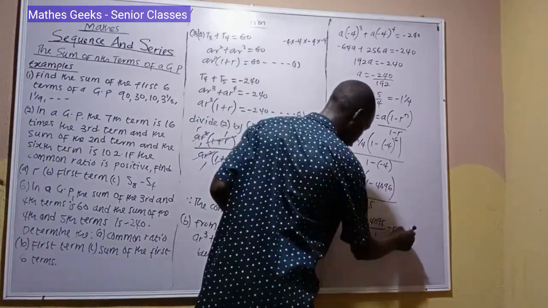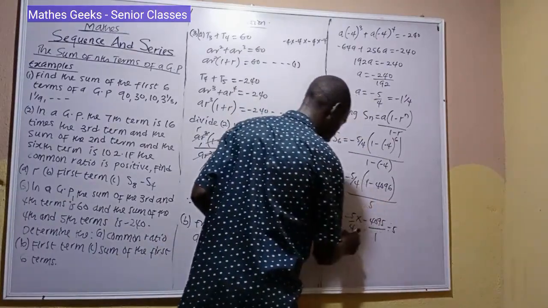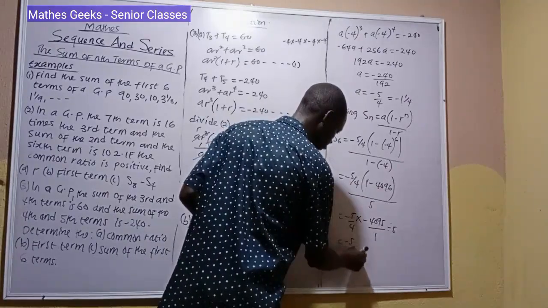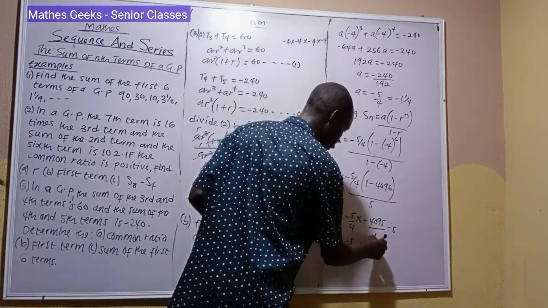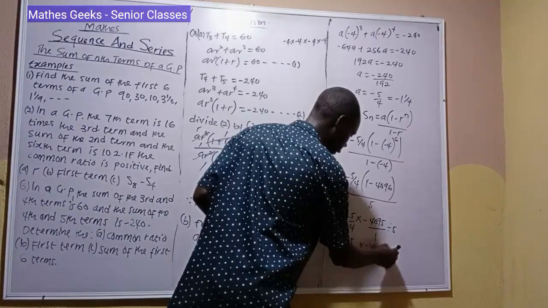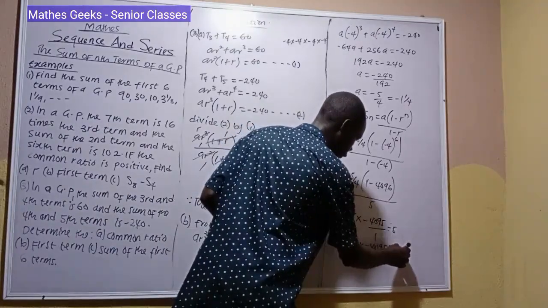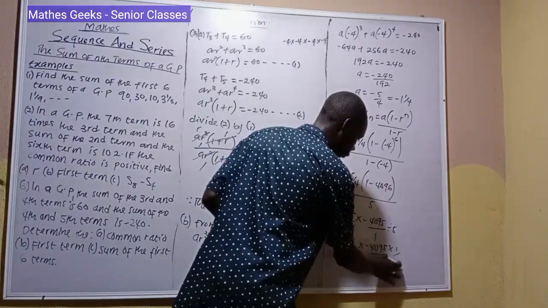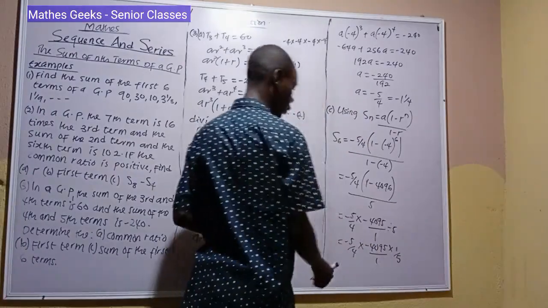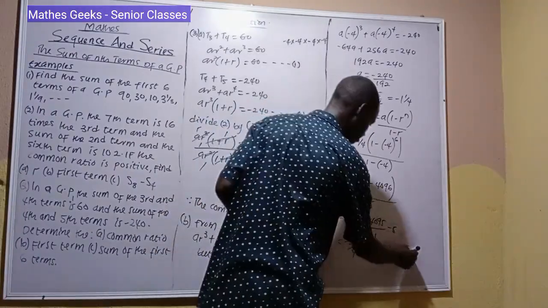So this will give us minus 5 over 4 times minus 4095 over 5. So minus and minus will give us plus.